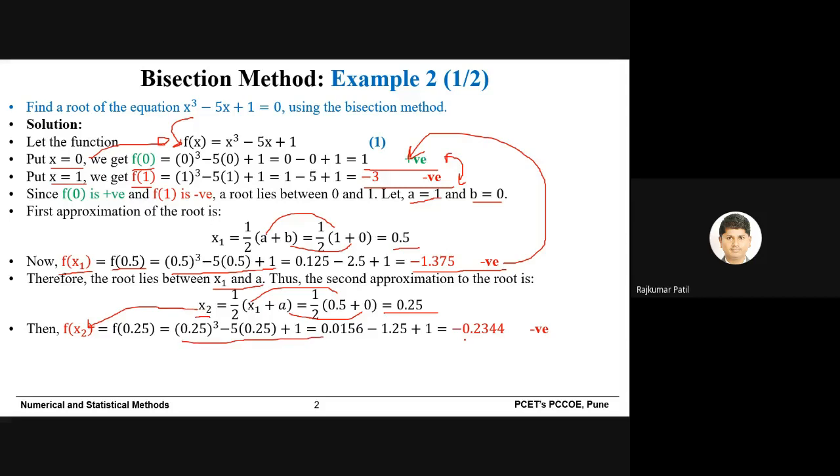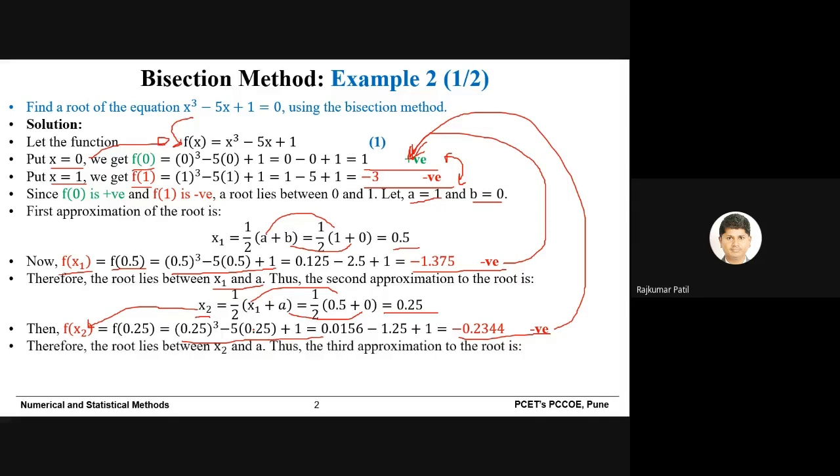You will get f of x2 as minus 0.2344, which is negative. And previously, when x was 0, the function value was positive. So we can say that the root lies between x2 and a. Sorry, b, because b is 0.